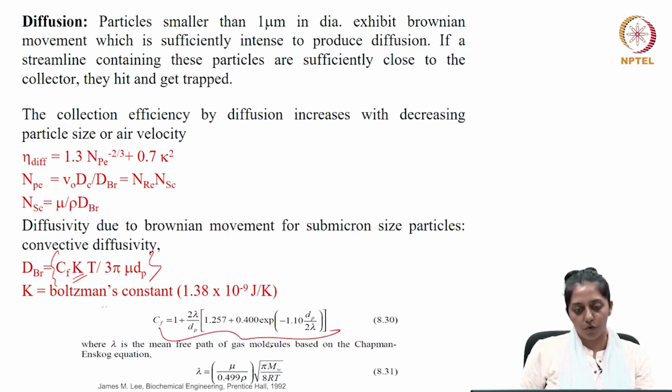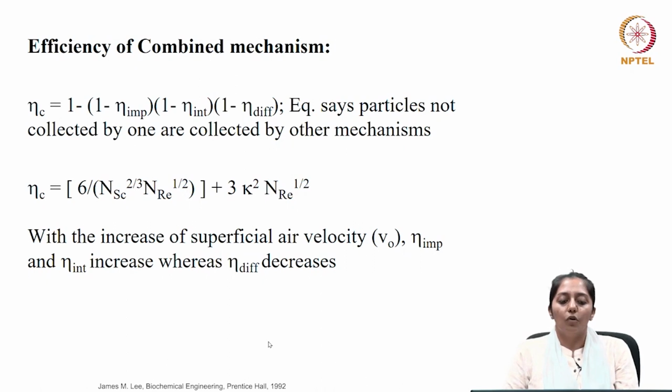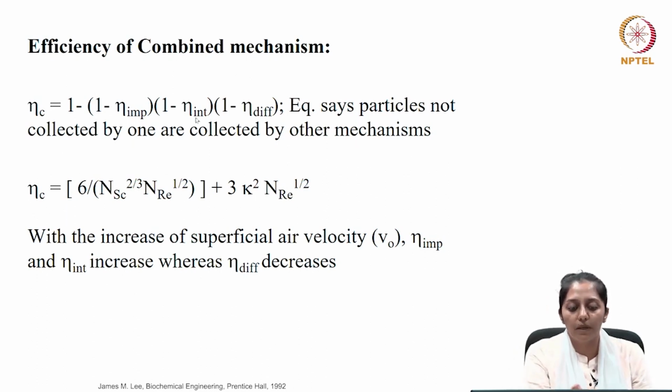Now, if we need to calculate the overall efficiency of impaction, interception or diffusion, the efficiency for collection of the particle by the filter can be obtained if we know the individual efficiencies of impaction, interception and diffusion. For the probability of successfully collecting the particle by one or more of the mechanisms, we first calculate the probability of particles not getting collected by one but getting collected by any other mechanisms.